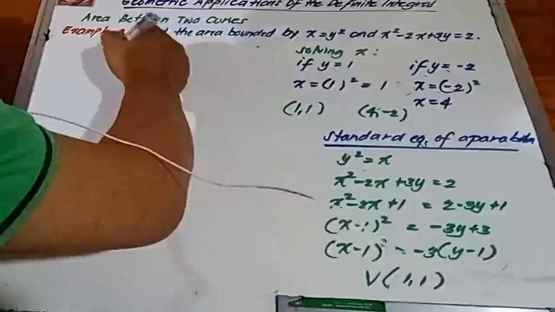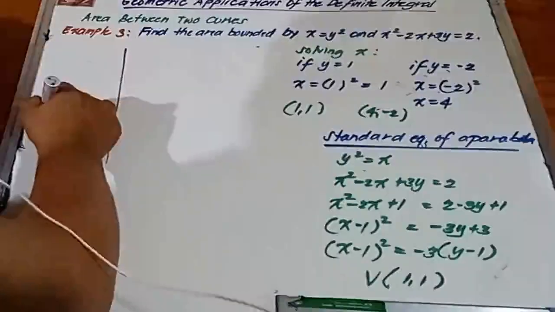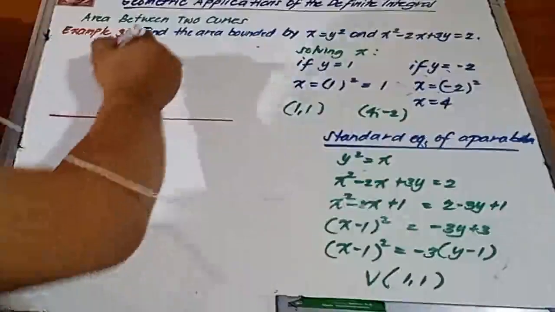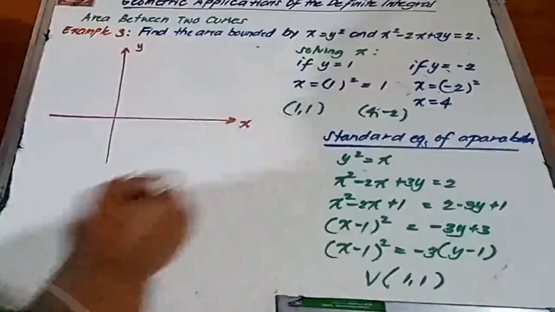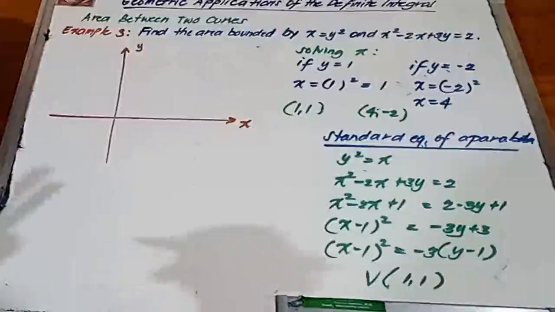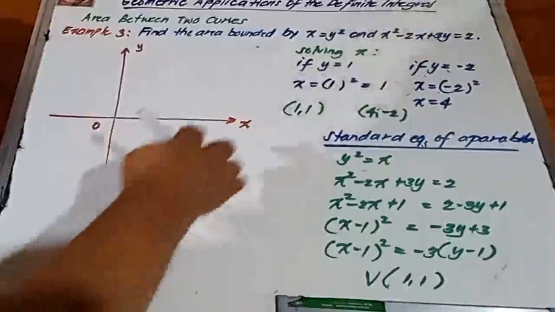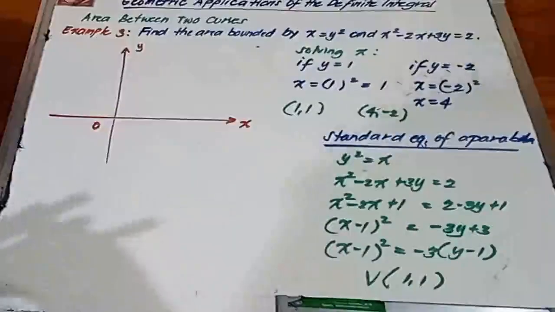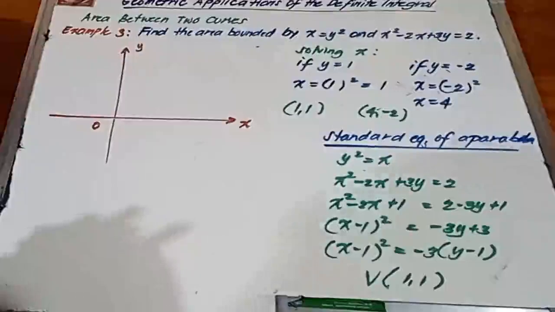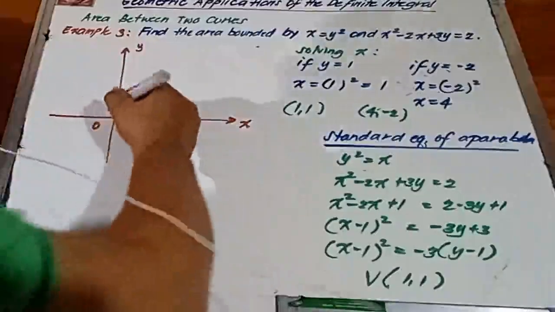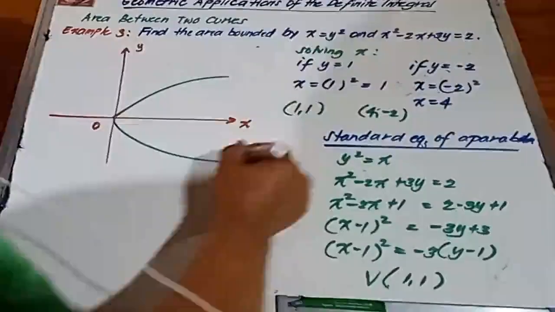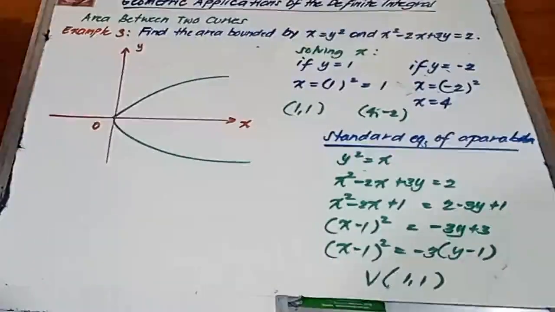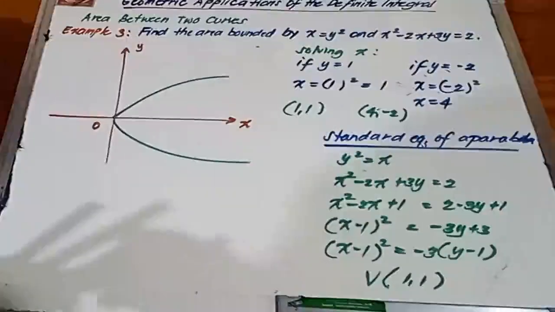So ito siya. Ito yung y. Ito yung x. And then yung parabola natin sa origin. Ito ay pag ganito siya. Okay. Points of intersection, 1, 1. So, nandito yung ating 1, 1.